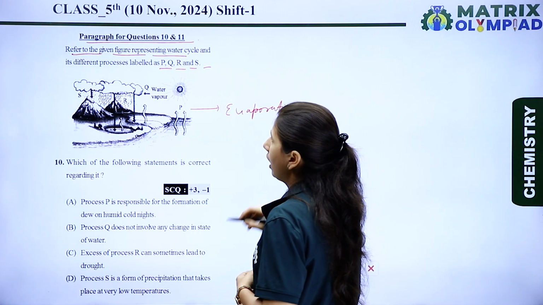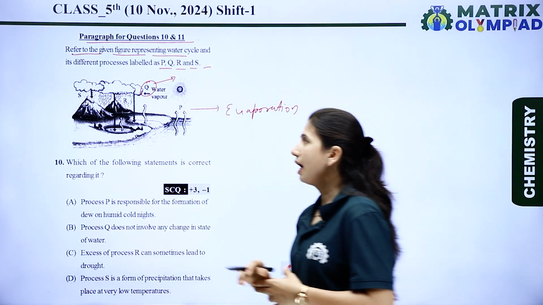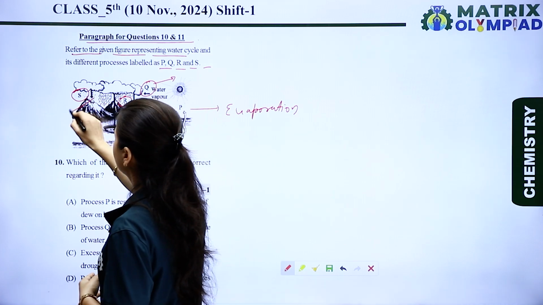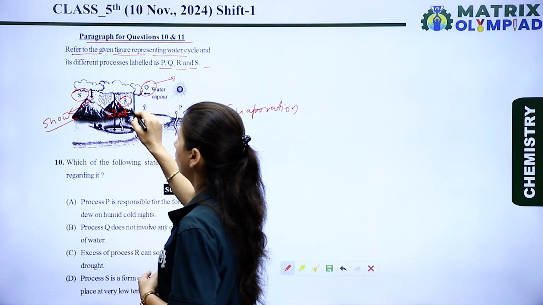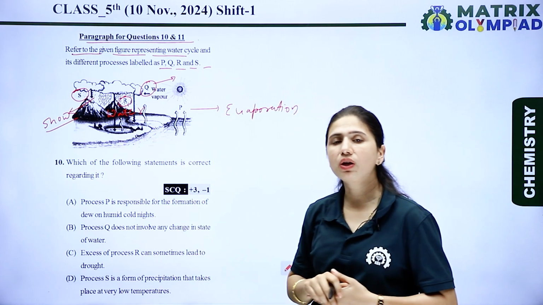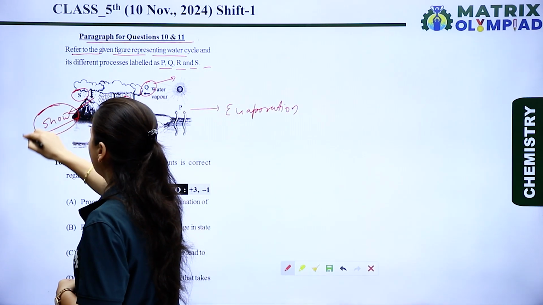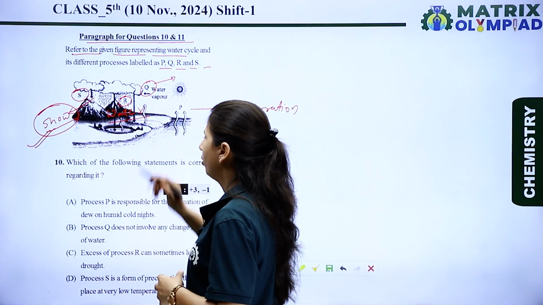The next is Q. Q is known as condensation. In S here snow is present and here water is present, so S and R are both known as precipitation, carried out here in the form of snow, and here in the form of water.